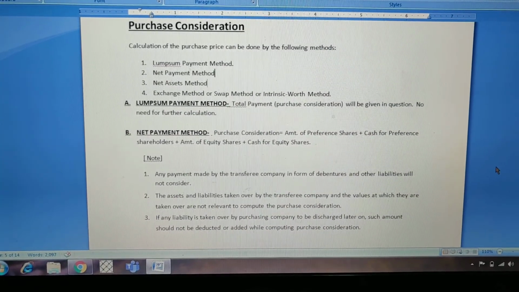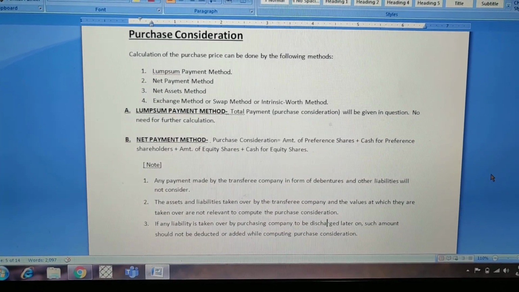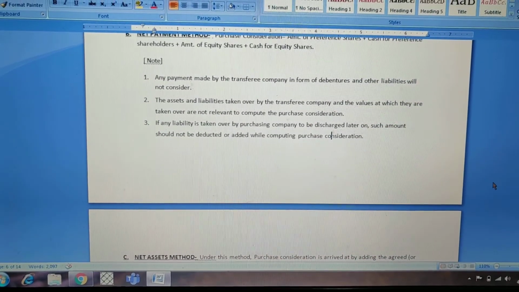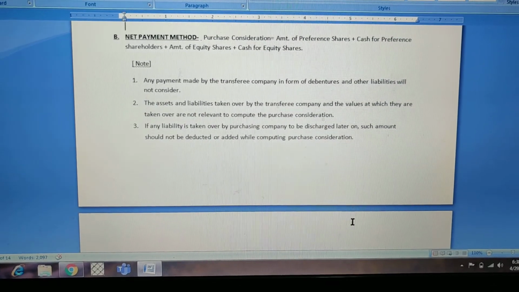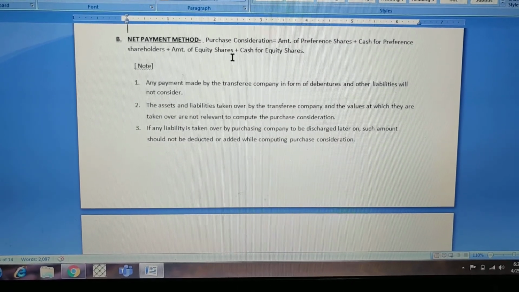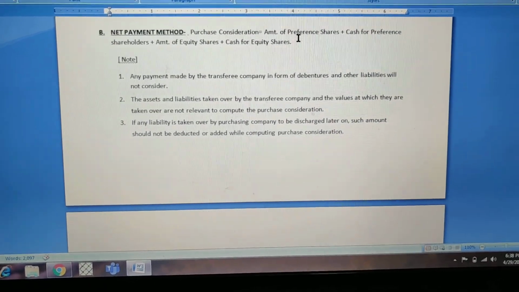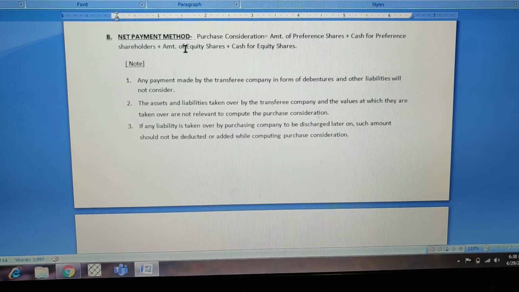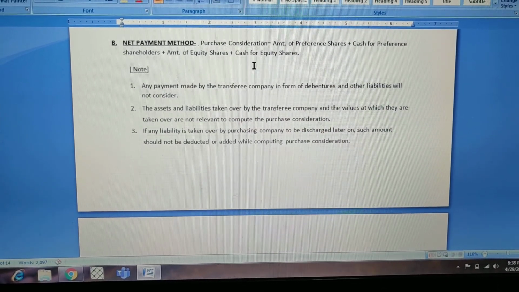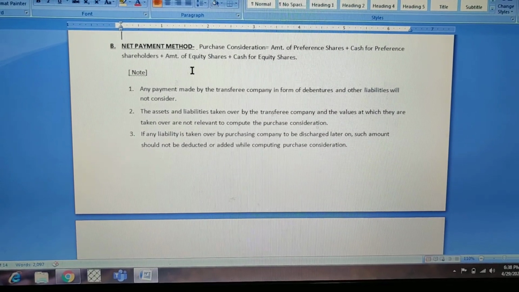Under the net payment method, there is a formula to calculate your purchase consideration: purchase consideration equals amount of preference shares plus cash for preference shareholders plus amount of equity shares plus cash for equity shares. It is a formula to calculate your net purchase consideration.